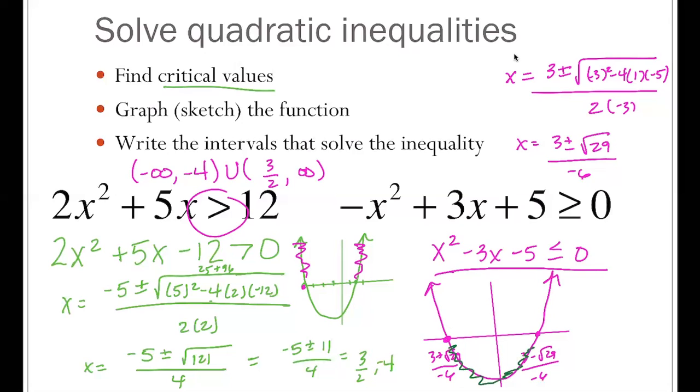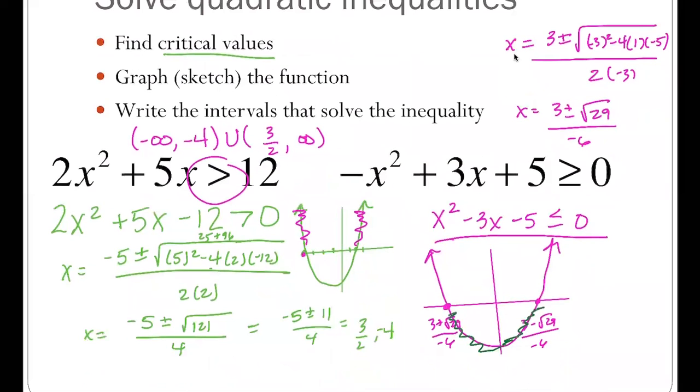So we only have one part that we're looking at. It does have an equal to, so I will have square brackets. My answer would look like negative 3 plus the square root of 29 over negative 6, comma, negative 3 minus the square root of 29 over negative 6, again with a bracket, and that's because we have an equal to sign.